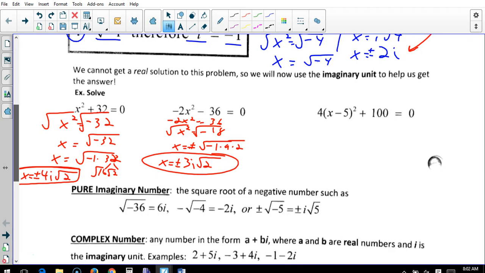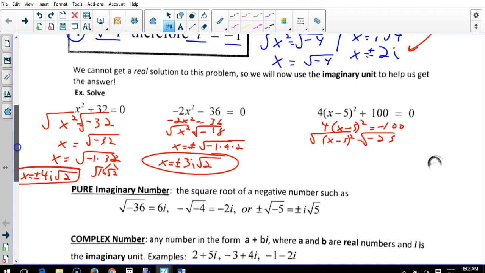Okay, a little bit of work to do here. First, we're going to move the 100 over. So we have 4 times (x minus 5) squared equals negative 100. Then we're going to divide by 4. (x minus 5) squared equals negative 25.